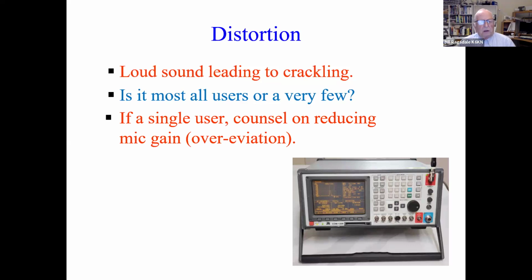So in that case, for a single user, you would quietly offline counsel the user on reducing mic gain, because that transceiver is set with too high a mic gain, overmodulating, and he's over deviating beyond the 5 kilohertz that's a standard.